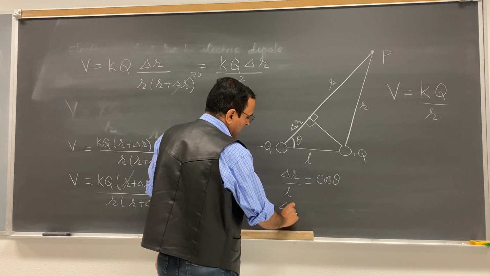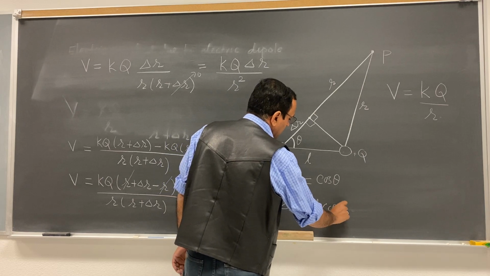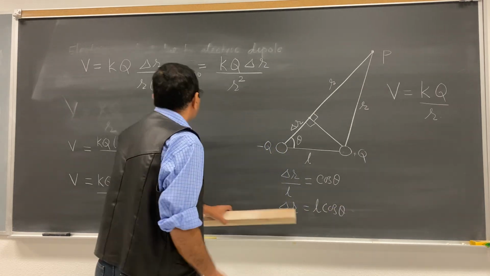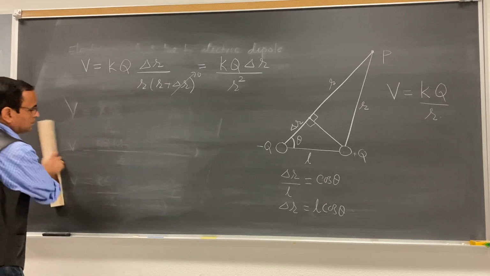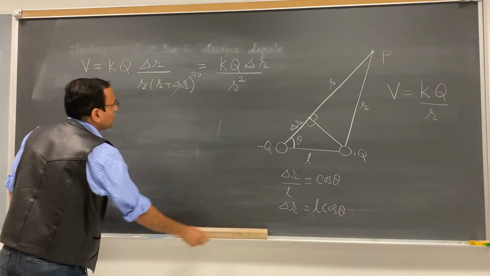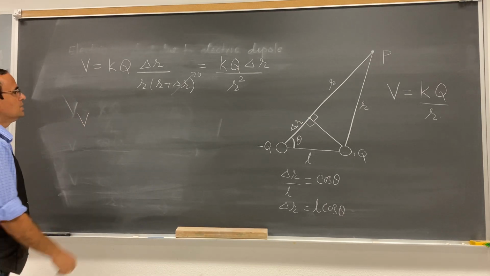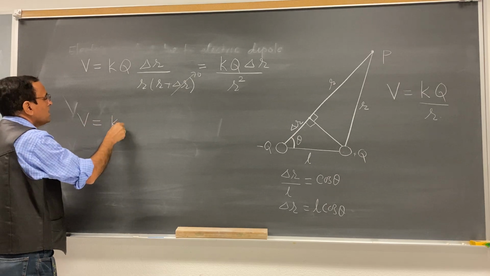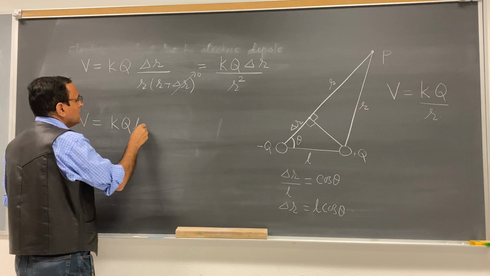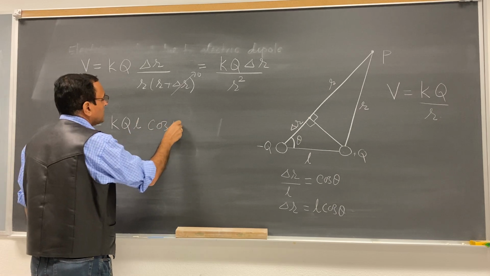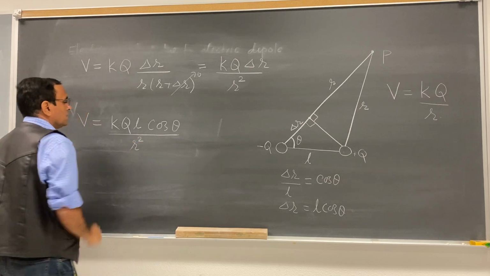So delta R is equal to L cosine theta. So V is equal to KQ, delta R is L cosine theta, divided by R square.